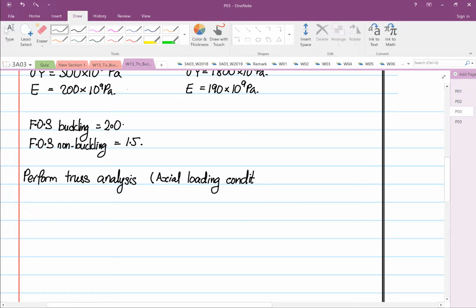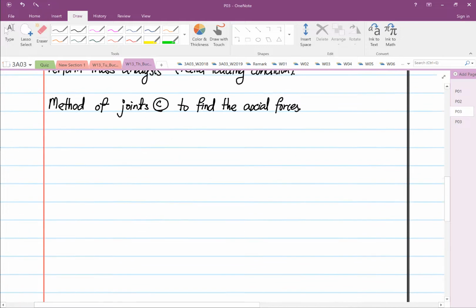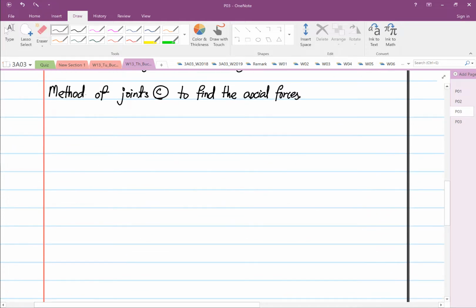Okay, we only consider axial loading condition, and then we're going to apply method of joints at point C to find the axial forces. Okay, so method of joint, very straightforward. I hope you'll remember.